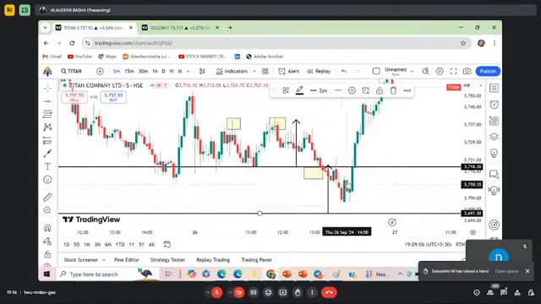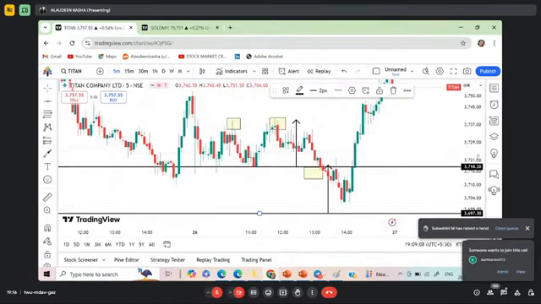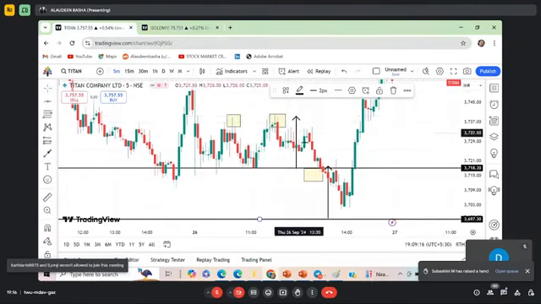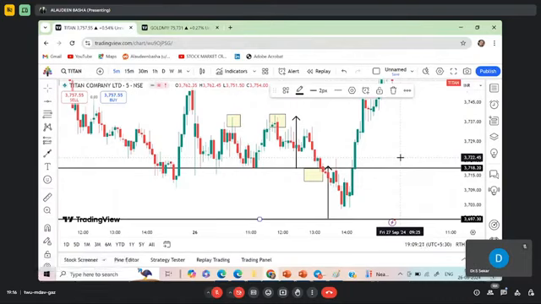Maybe it comes here and goes to the stop loss. There's no issue, but generally you can fix the target at the previous high in the market. So this is the double top. Based on the double top, you can take the trade.